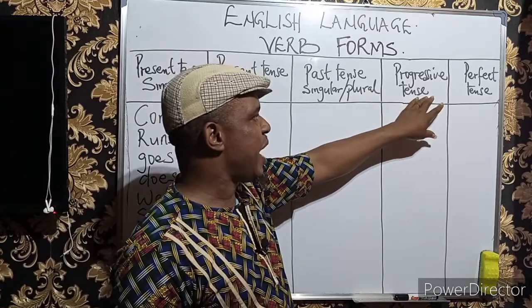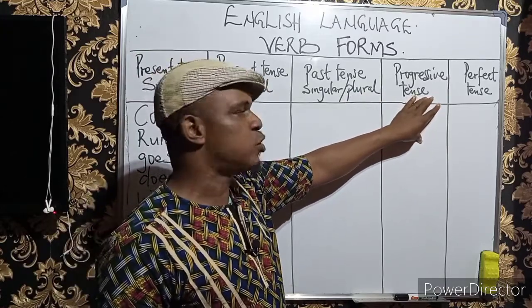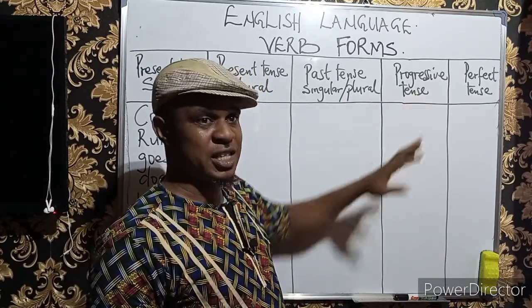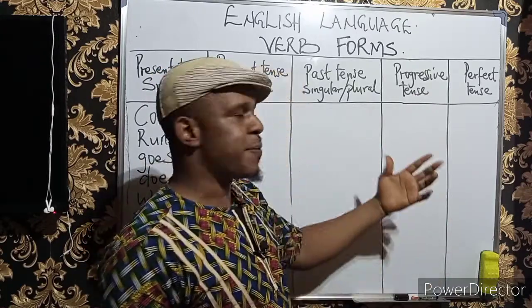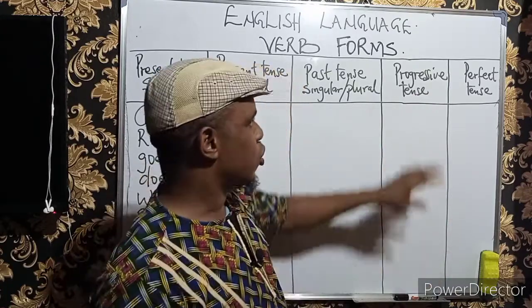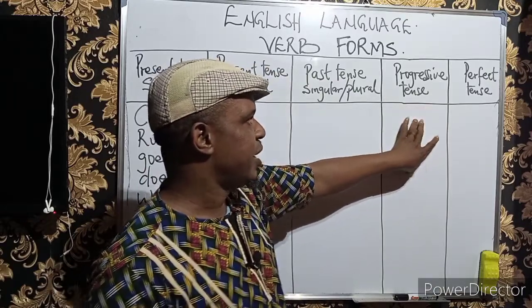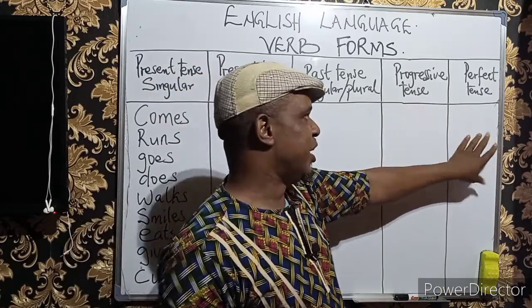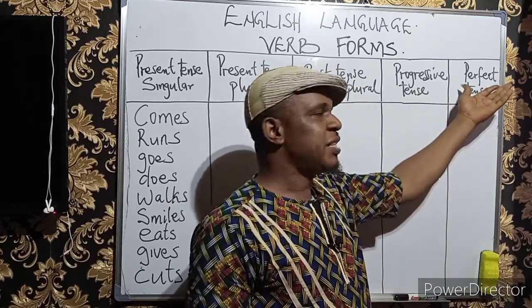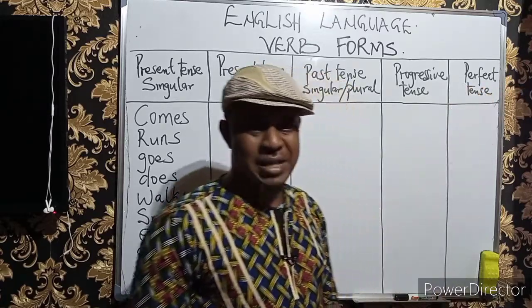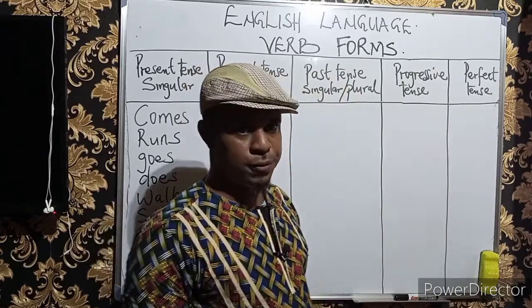And here we have the progressive tense forms of the verbs. That's the one by extension where we talk about the present continuous. So we have the column here, and the last column is the perfect tense forms of the verbs. The perfect tense is also referred to as the past participle.